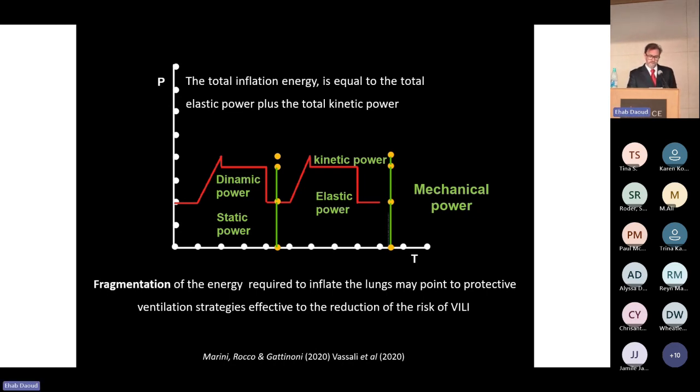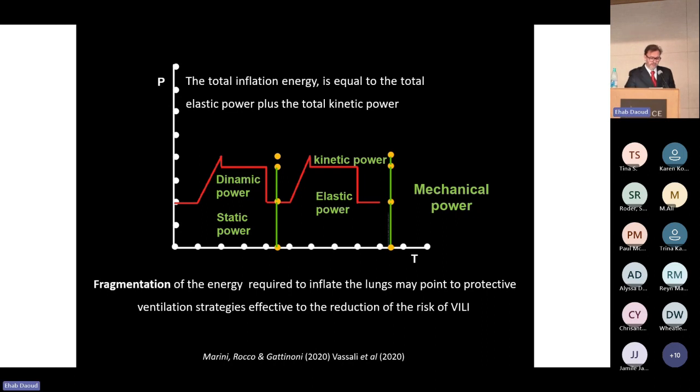And the last fragment is kinetic power, which is the energy spent on overcoming the airway and tissue resistance to the flow. The total inflation energy, that is the mechanical power, is equal to elastic power plus kinetic power.